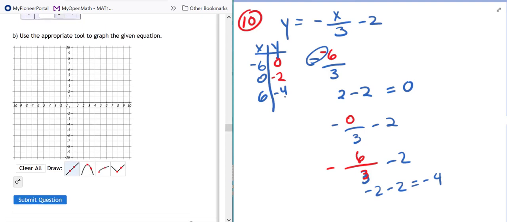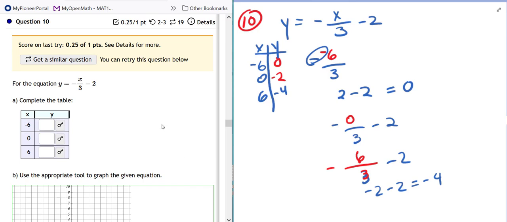You'll need your line tool. Whoops, that was not what I wanted, so I'm going to clear it. Okay, so I want the line tool, and let's do negative 6, 0, and 0, negative 2. So don't go over, but go down. So again, it's going to mark me partially correct, just for my graph.